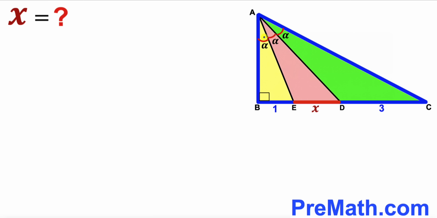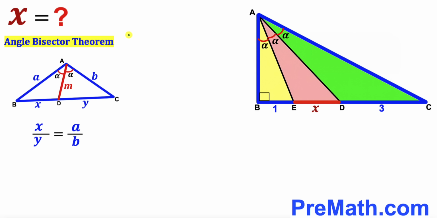We can see that we are dealing with these three congruent angles alpha. So therefore we are going to recall the angle bisector theorem, and let's focus on this triangle ABC along with this angle bisector AD.